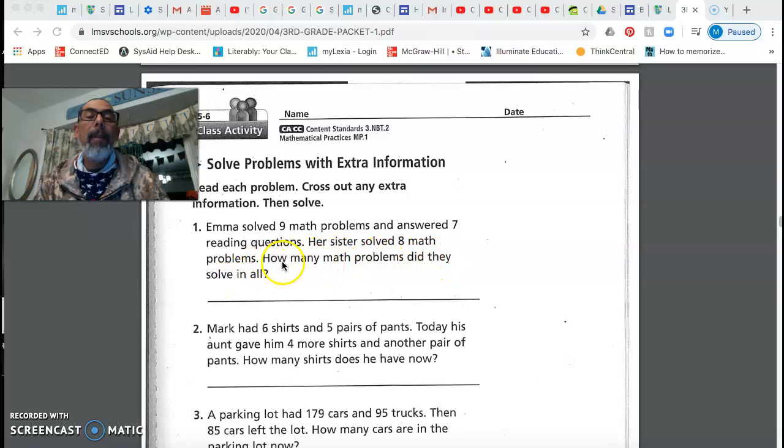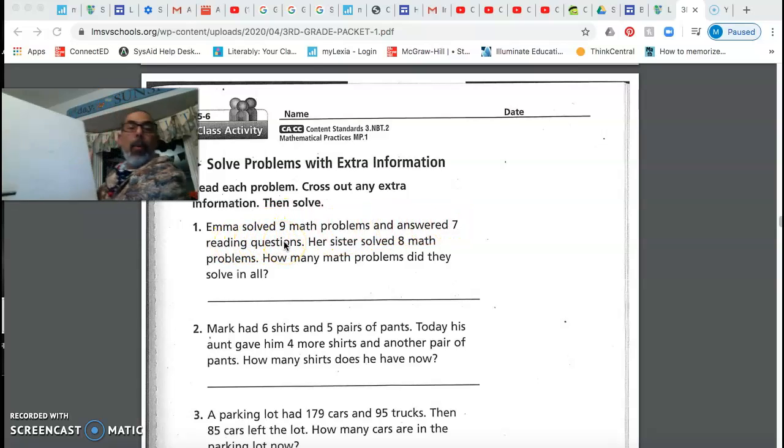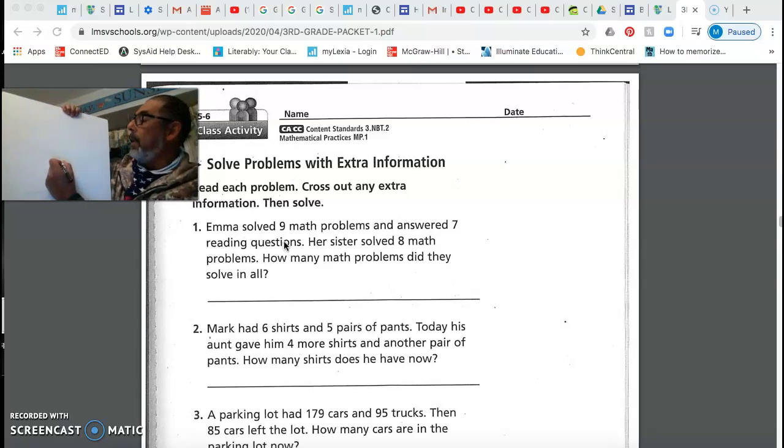I would underline this as well, because the extra information right here, the reading question, would be crossed out. So the equation is simple. It would be 9 plus 8 equals n, and so that would be solving 17 problems.